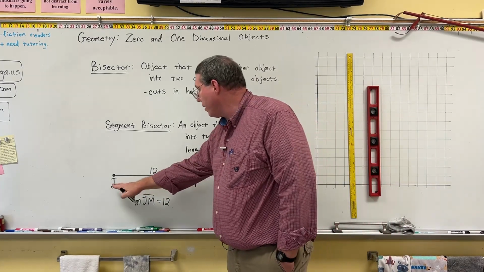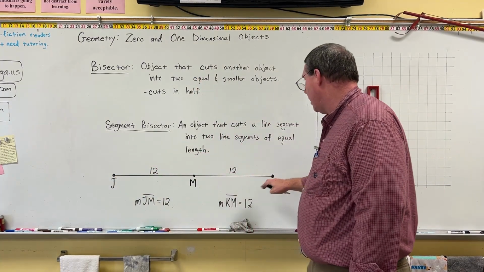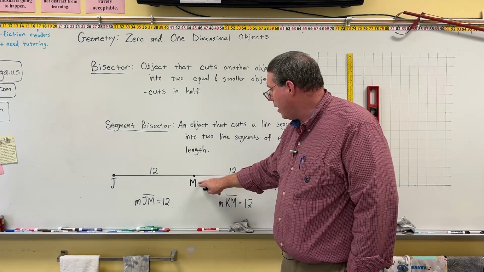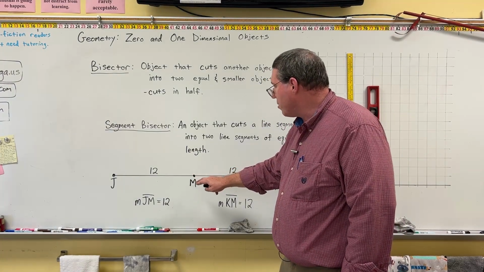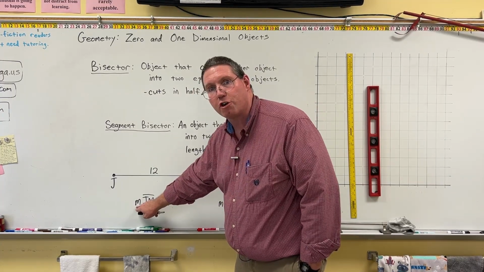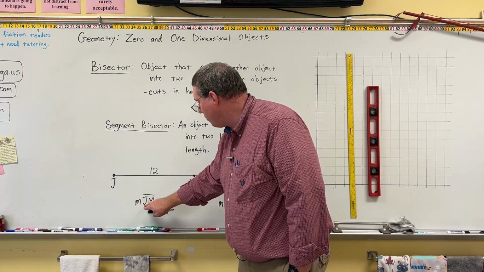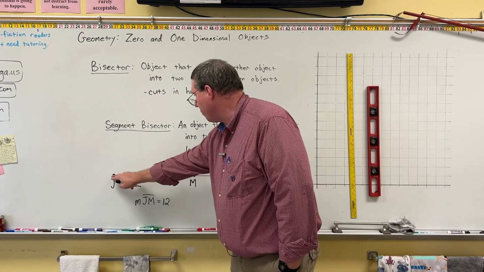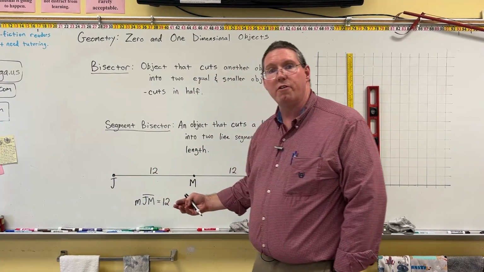So we have this line segment JK. Goes from here to here. And this point M, okay, if we put a little letter M here, that means measure of. The measure of the line segment JM, here to here, is 12. So from here to here is 12 units.